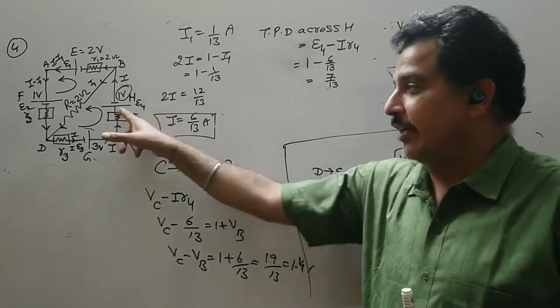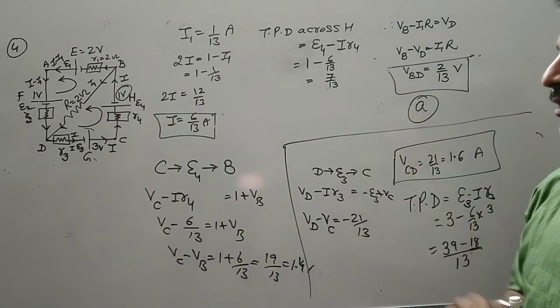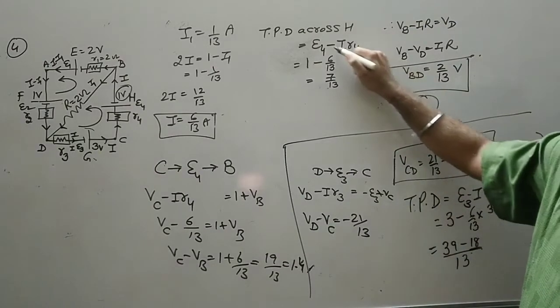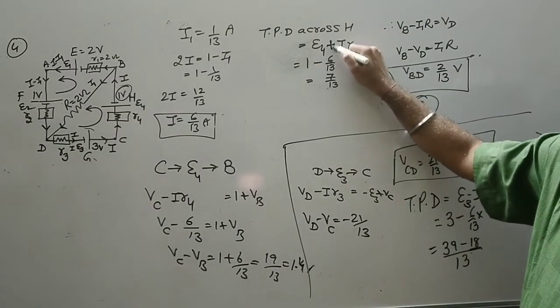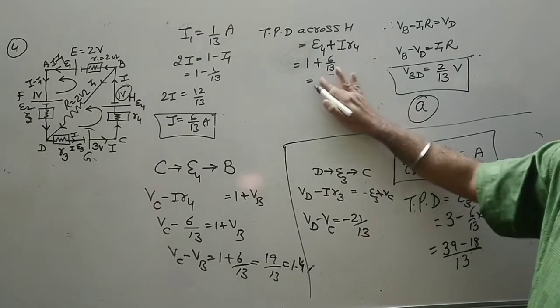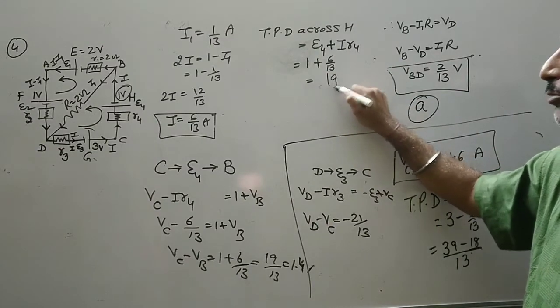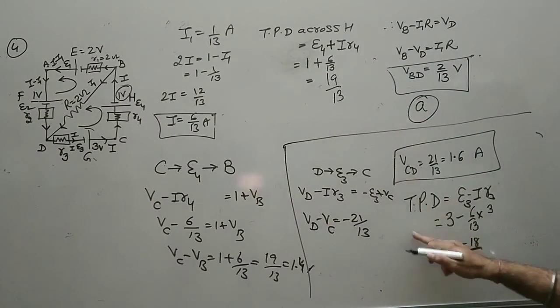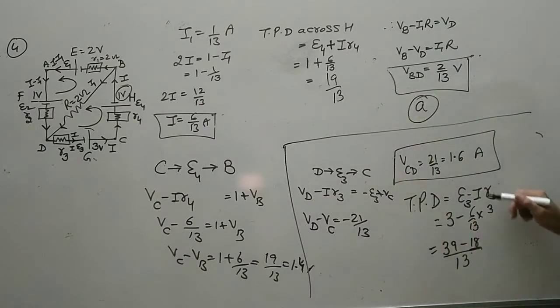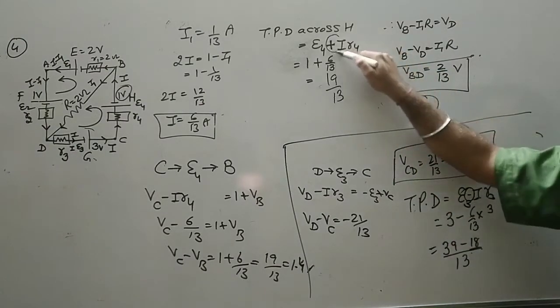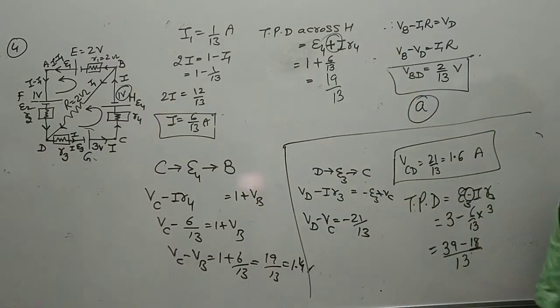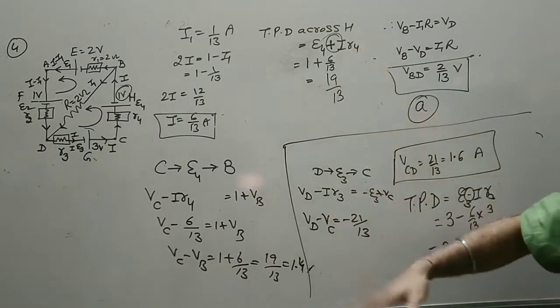So this is the charging case, and in the charging case you have to apply this formula with a plus sign. So here it should be plus, so there should not be any confusion regarding these two different formulas. If the cell is discharging, you put a minus sign, and if the cell is charging, you put a plus sign.